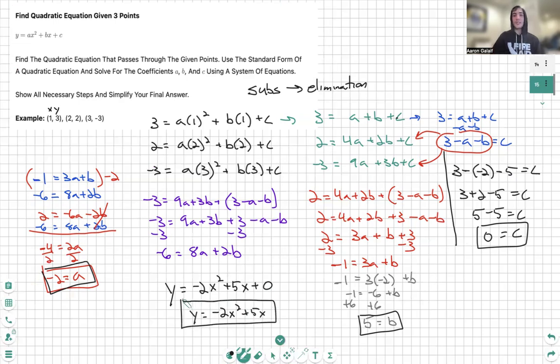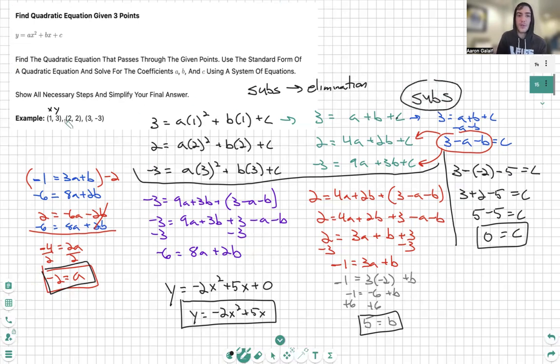So that is the process we used when we have 3 points and we need to find the quadratic equation, or the equation of the parabola. We solve for one variable first. We do our subs to elim. So we do our subs in this situation. We get to a point where we can substitute.